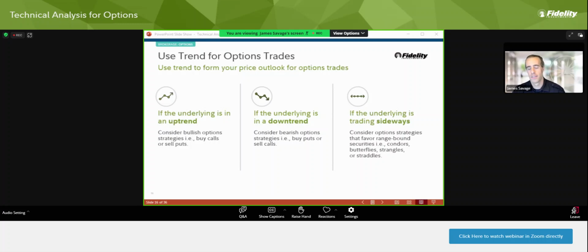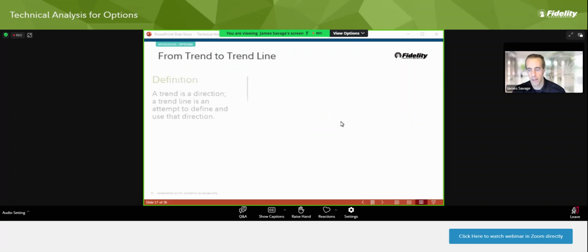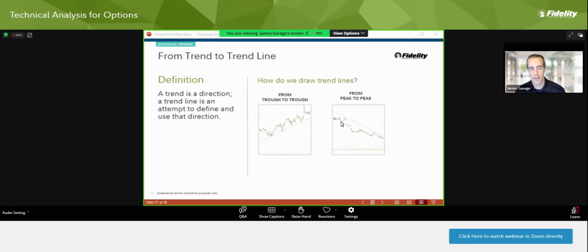Now, for those uptrends, downtrends, and sideways trends, we can use our own tools within Active Trader Pro to help establish when we're looking at each one.